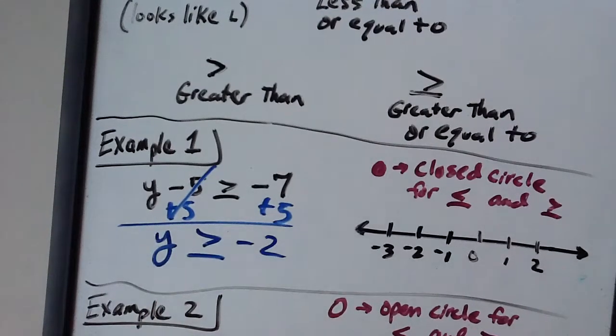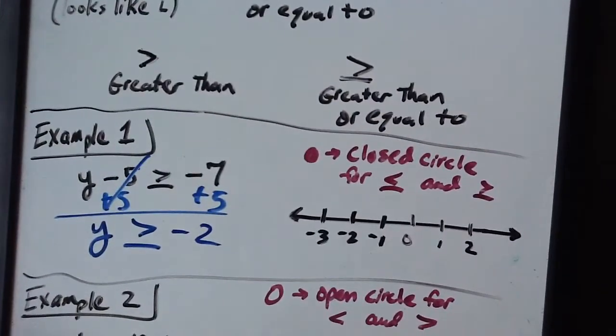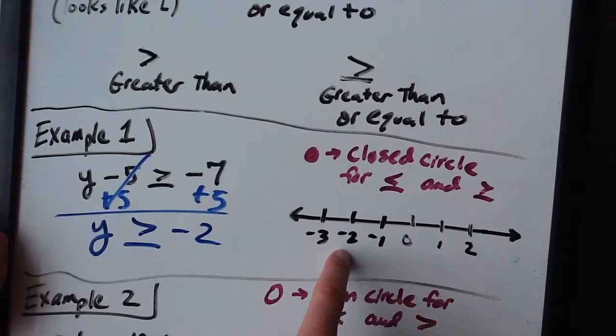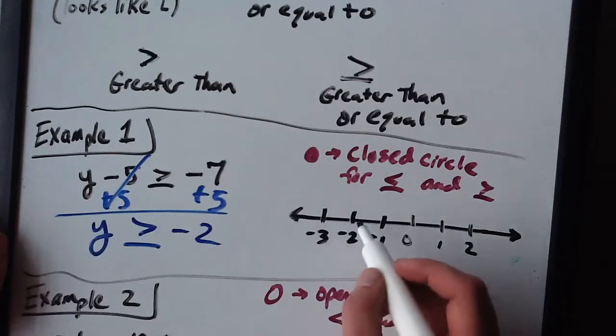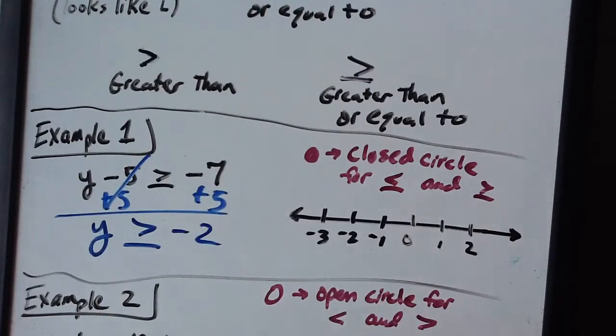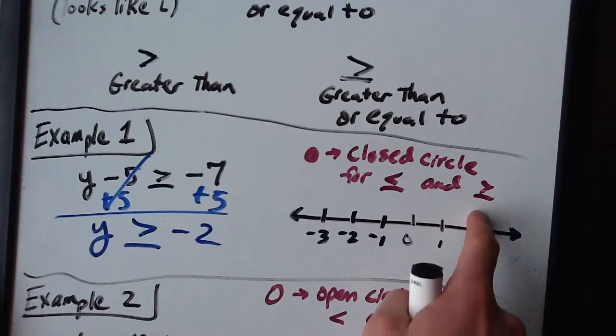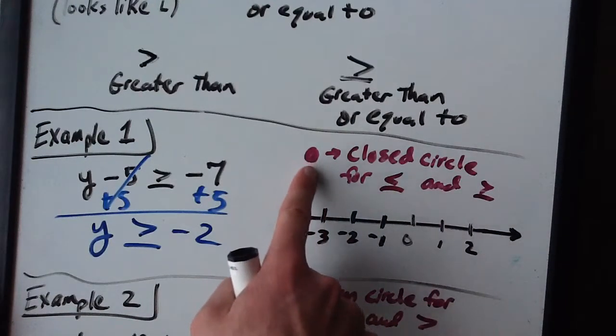Now, I need to put this on the number line. What does this look like on the number line? Well, I'm going to go to negative 2 on the number line. So here's negative 2. I can have values for y that are equal to negative 2. So if there is a less than or equal to or greater than or equal to inequality, we use a closed circle.